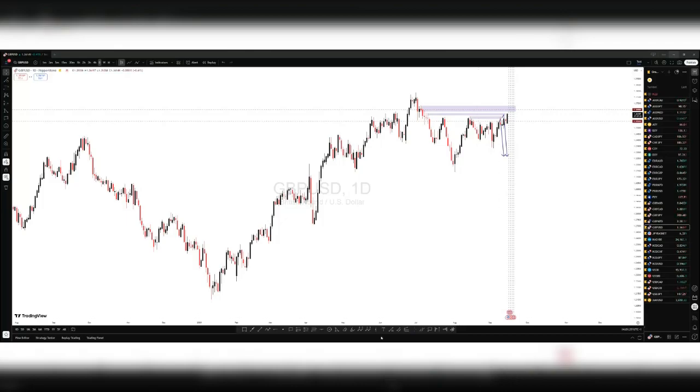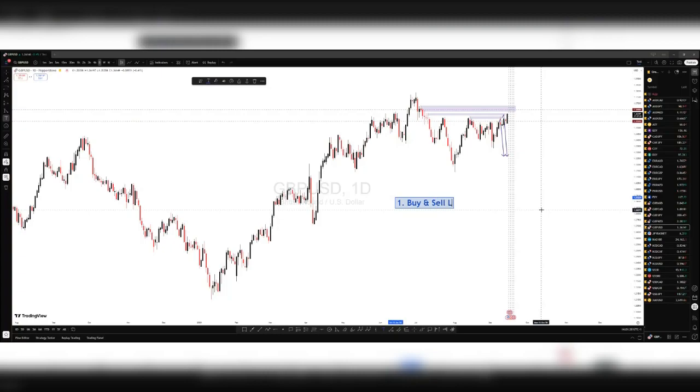A lot of us who are even aware of pending orders use basically buy limit and sell limits. Of course, please note that your TP and SL are also a form of pending orders.